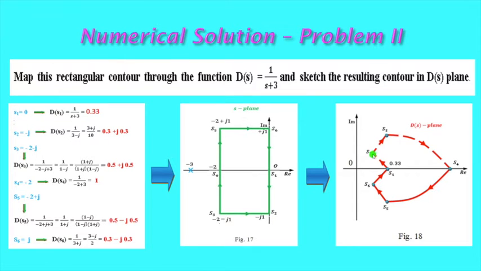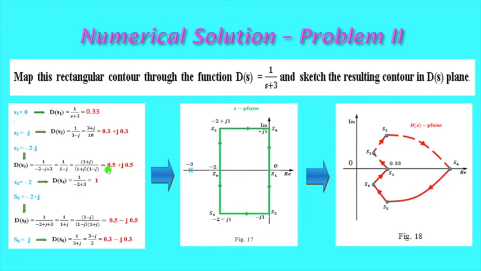So this point is 0.3. This is the positive real axis and this is the positive imaginary axis. This point is 0.3. Then S3. S3 is -2 minus j1. Put in D(s).